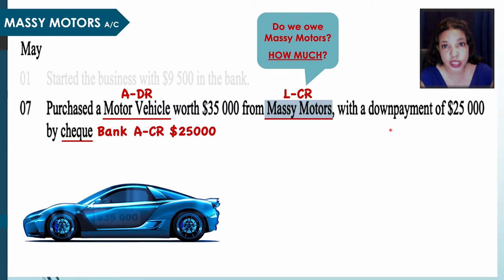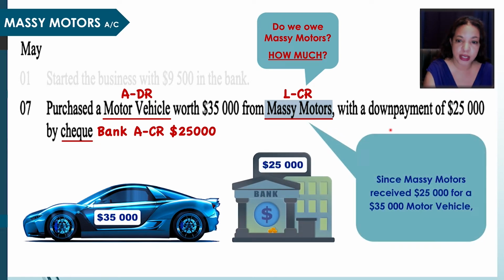How much was the motor vehicle worth? $35,000. How much did we pay as a down payment? $25,000. So therefore, how much do we owe Massy Motors? It will be $10,000.